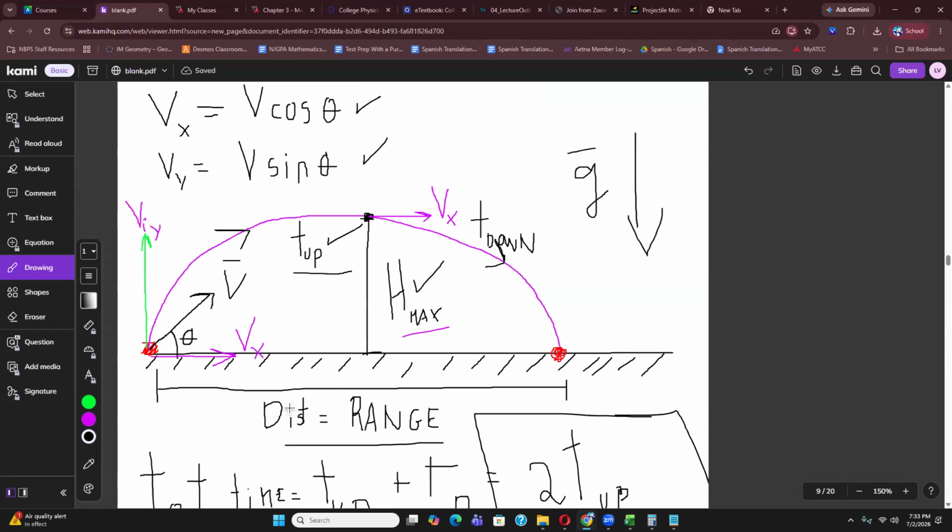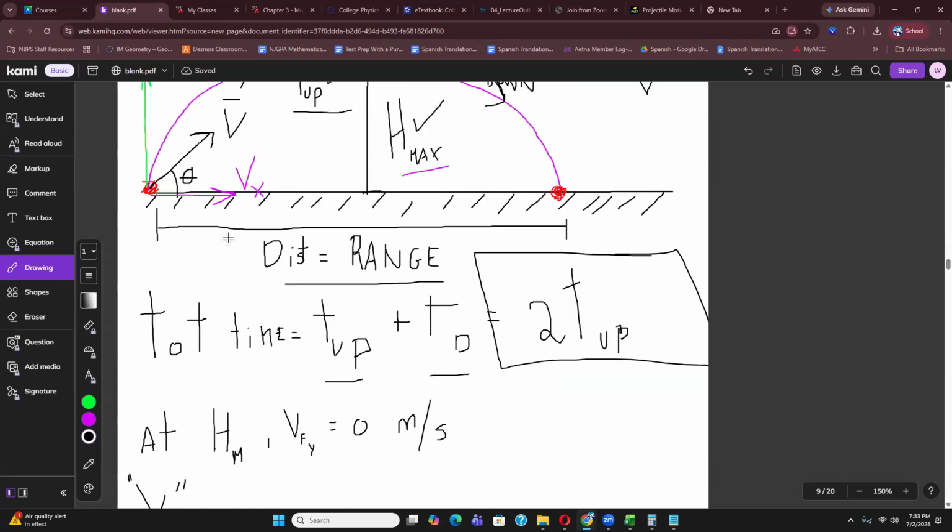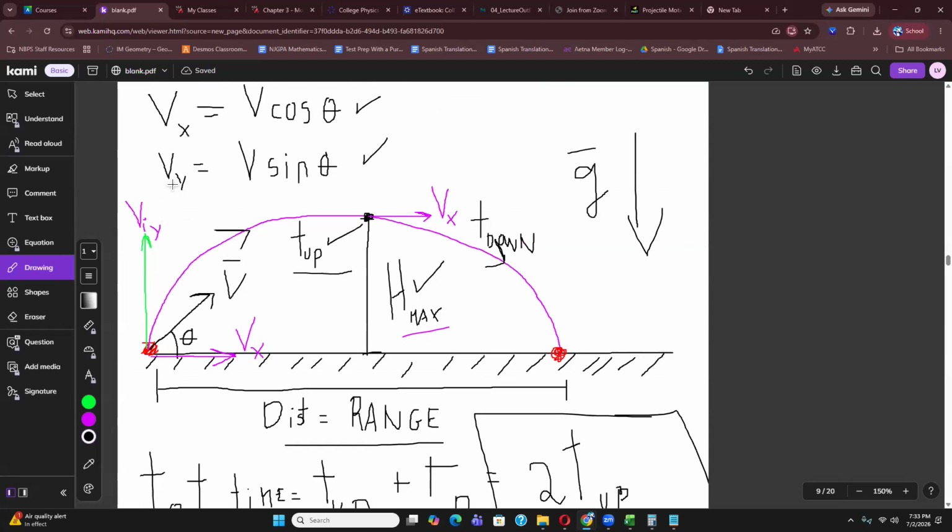I can find both. Because on Y, I have V initial on Y, which is this. I have gravity, and I have the final velocity.